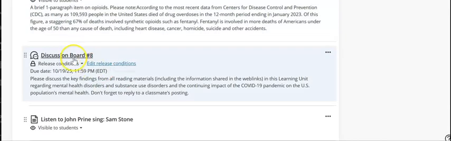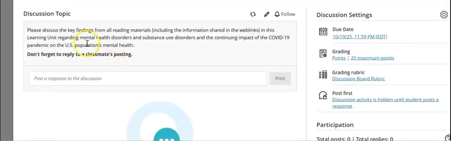And then the discussion board is pretty much allowing you to share what you have found. What are the key findings from all of your materials, from your articles, the web links, the book? What are the key findings in this learning unit regarding mental health disorders and substance use disorders and the continuing impact of the COVID-19 pandemic on the U.S. population's mental health and globally on the global mental health?